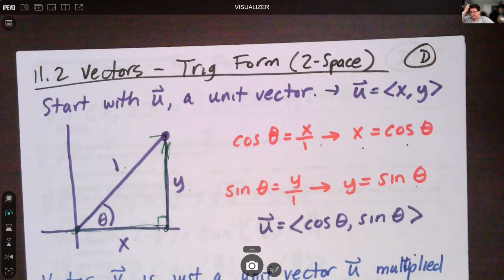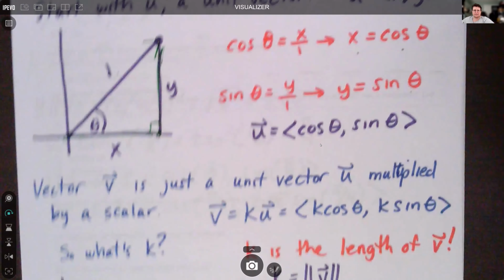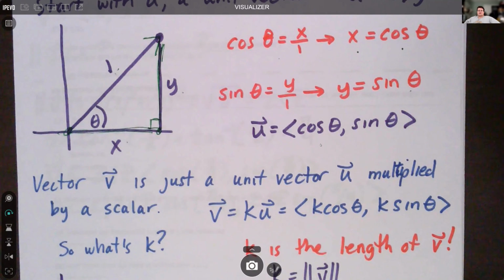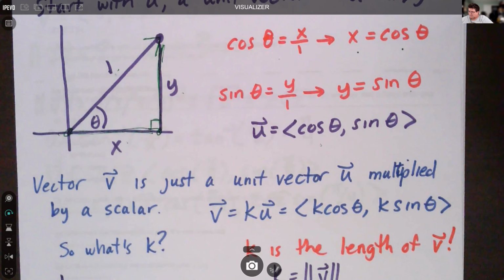Well, that's doing the unit vector. What happens if we scale that up with a scalar? A regular vector v is just a unit vector multiplied by some scalar. And so how do we figure out what that is?